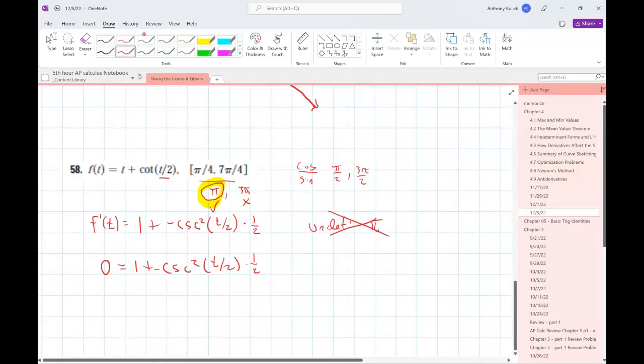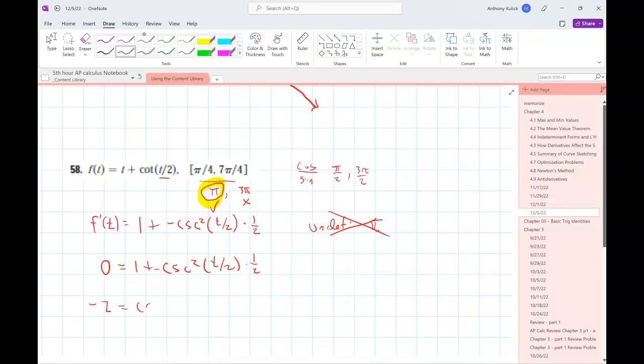Okay, so I'm going to subtract 1 and then multiply both sides by -2. So I get that.